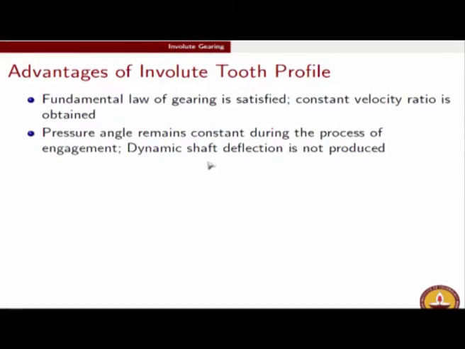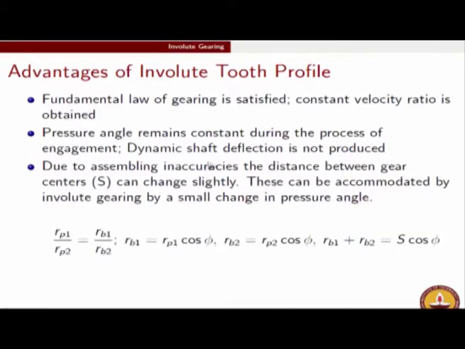So dynamic shaft deflection should be avoided. It can lead to fatigue failure of the shaft also. So the dynamic shaft deflection does not arise in case of involute gear action, because by its very nature the pressure angle is kept constant, which means that the shaft is always subjected to a constant force, and therefore the question of dynamic shaft deflection does not arise.